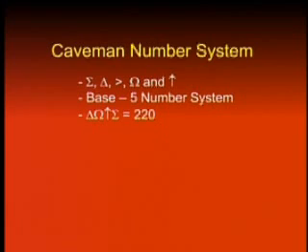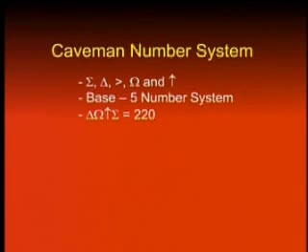The symbols are sigma, delta, greater than, omega, and arrow. These 5 symbols represent decimal numbers from 0 to 4, respectively. The number delta, omega, arrow, and sigma in base 5 represent the number 220 in decimal.